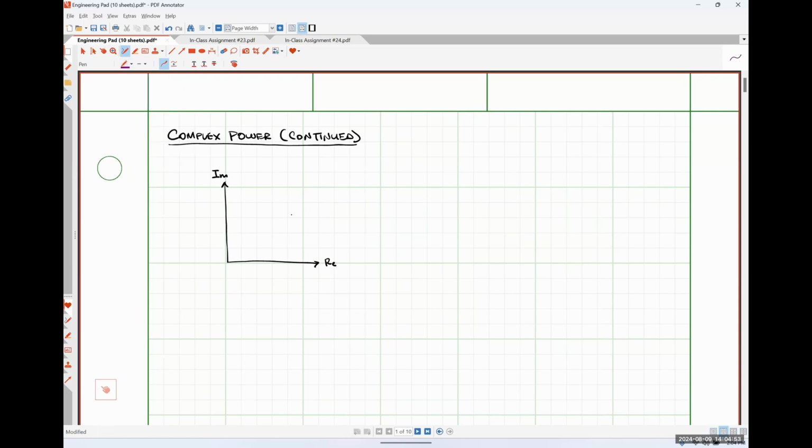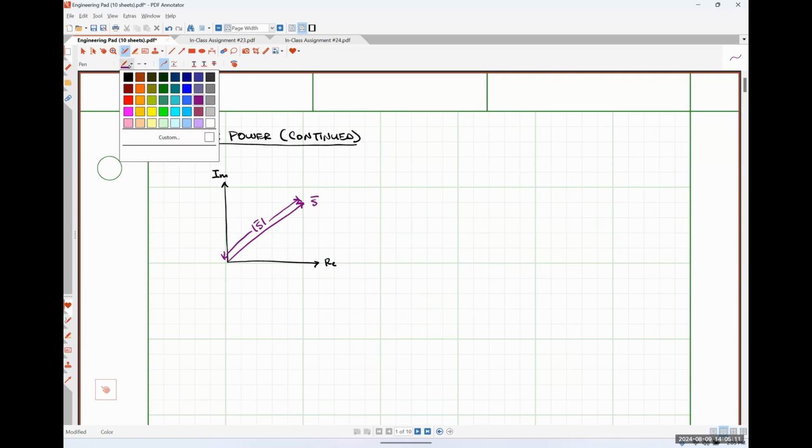So whenever we have some complex power S, its magnitude is referred to as the apparent power. The projection of the complex power onto the real axis gives us our average power.